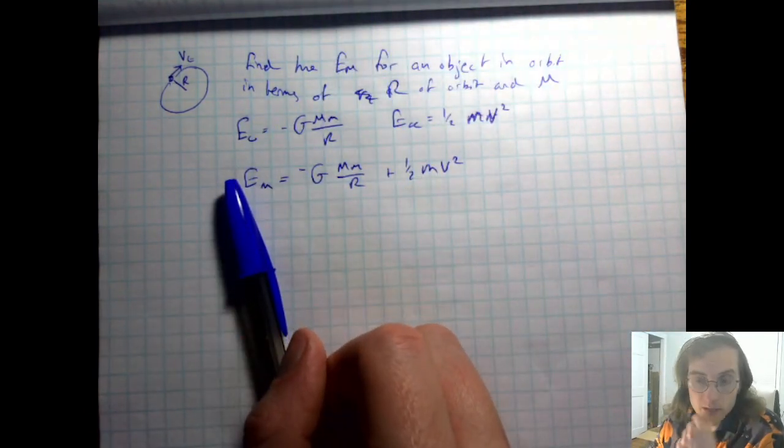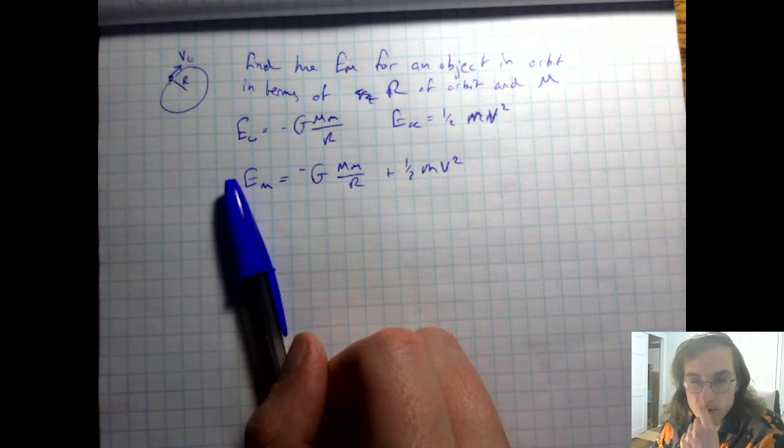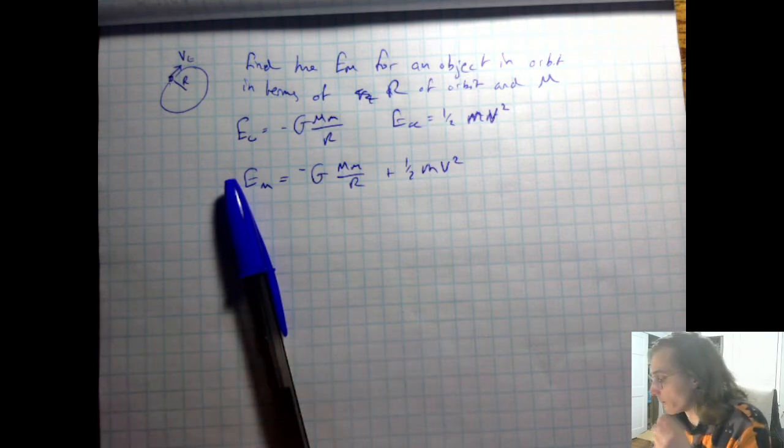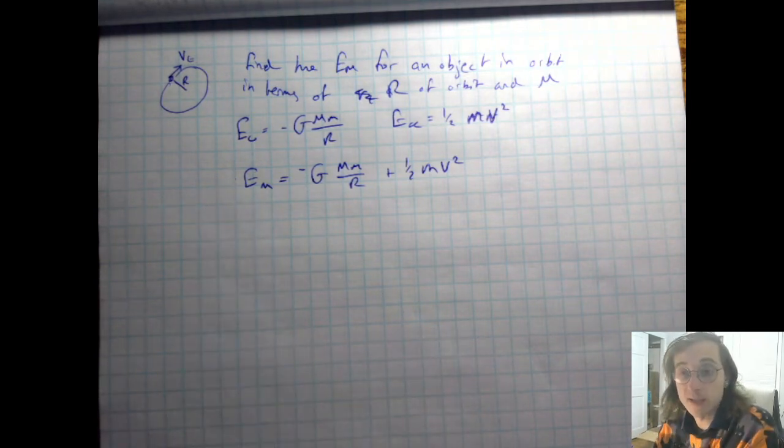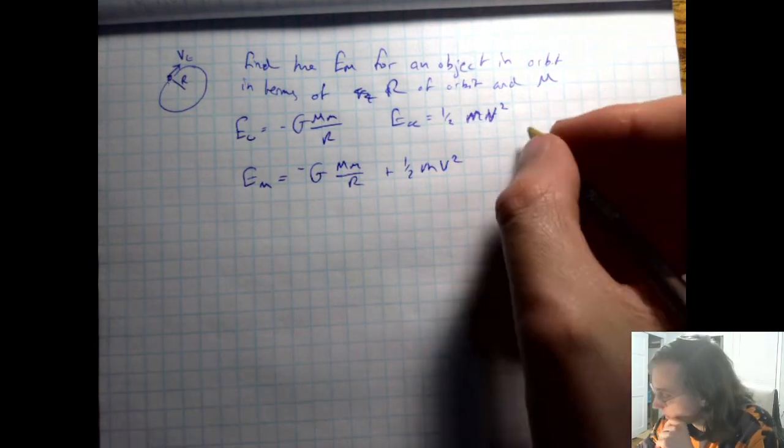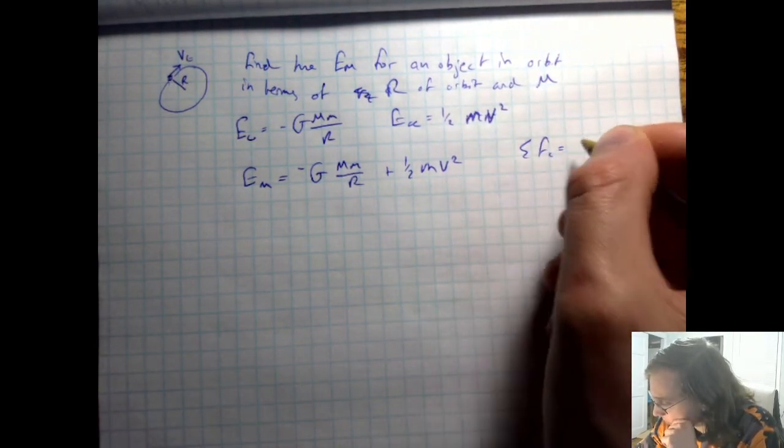V squared is kind of an interesting one, because if we think back a sec, for me that really reminds me about the centripetal force. The force that's pulling this thing in towards the center is going to be gravity. But that's also going to be the centripetal force.